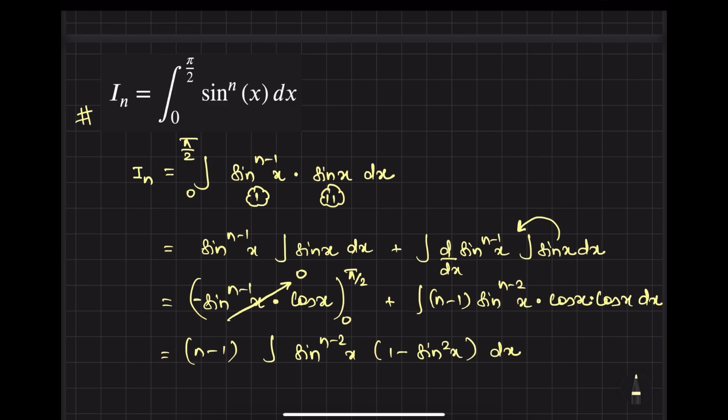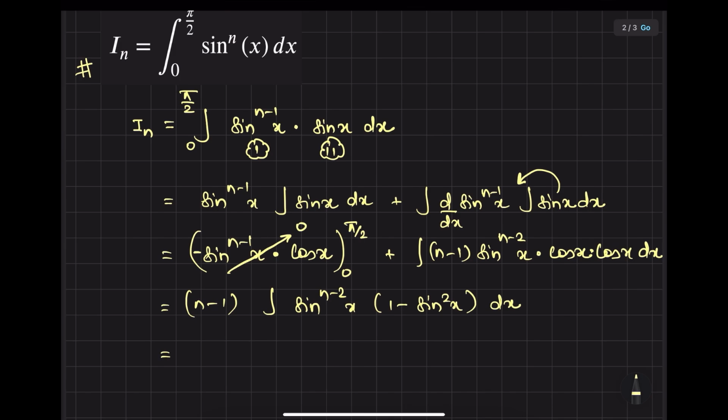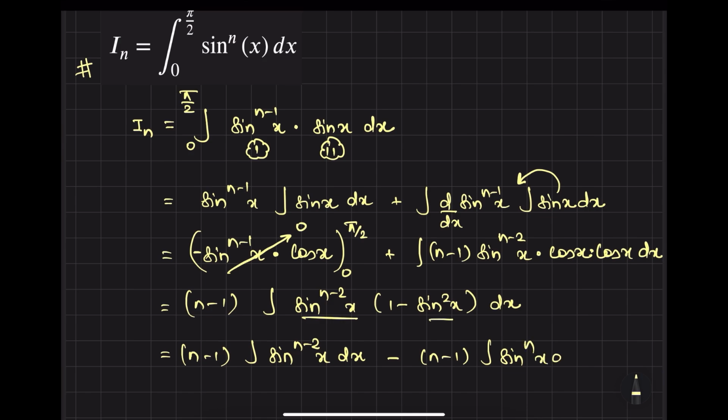Now I can multiply and create two integrals: n minus 1 integration from 0 to pi by 2 of sine power n minus 2 x dx, minus n minus 1 integration of sine power n x dx. Till this part you are okay.